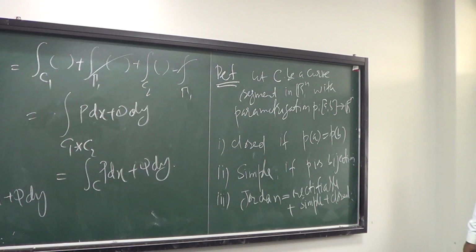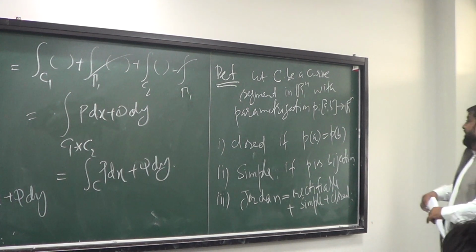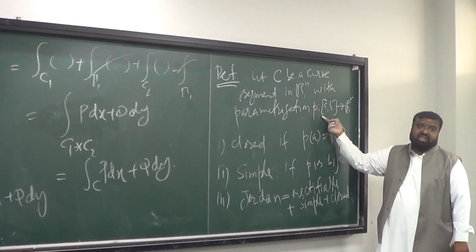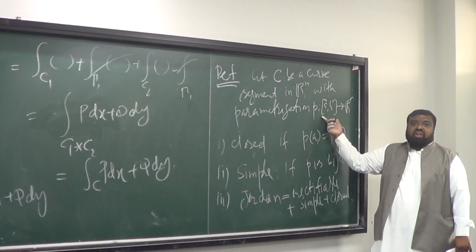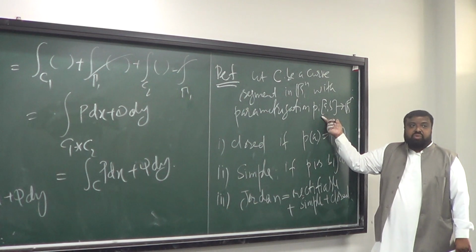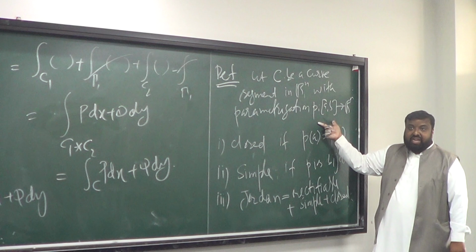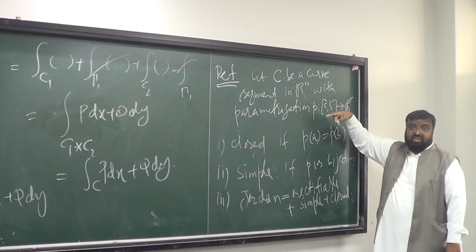Look, just restricting the domain is not going to guarantee that it has a finite length. Because in order to compute the length, you need the derivative P prime of t and its magnitude, and we want to integrate it.